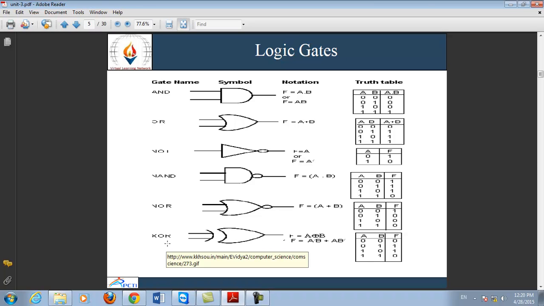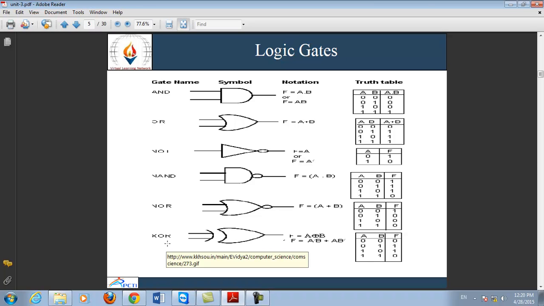Any gate, whether it is AND gate, OR gate, or NOT gate, will receive input from the user and then produce the desired output on the basis of the input signals. Now, the output produced by different gates will be different in different situations.